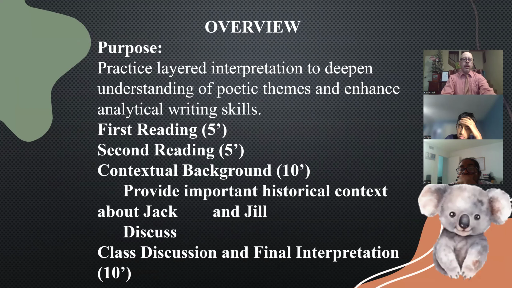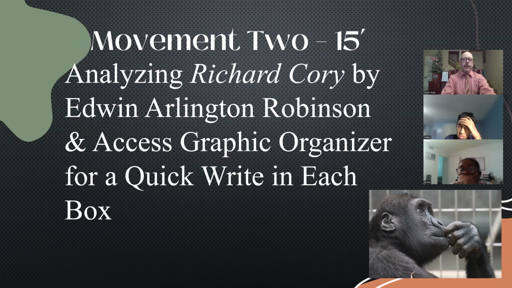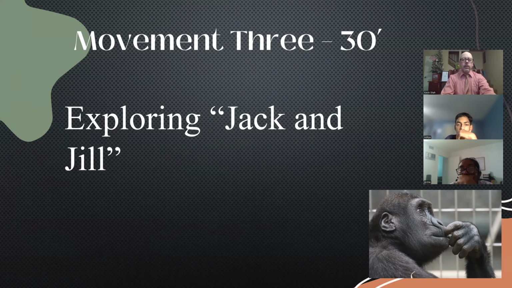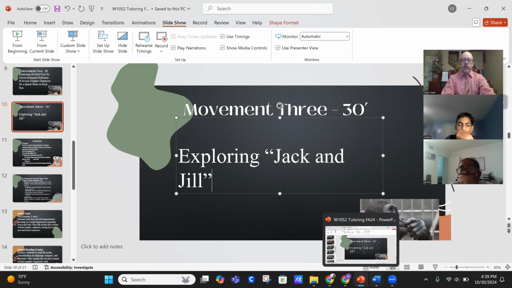Yeah, I think this is a little bit confusing, even as I look at it. So yeah, let's start with Richard Corey, and I think we'll end up with Jack and Jill because I don't know if we'll have time for the surrender, which is the poem or the painting that you looked at before.